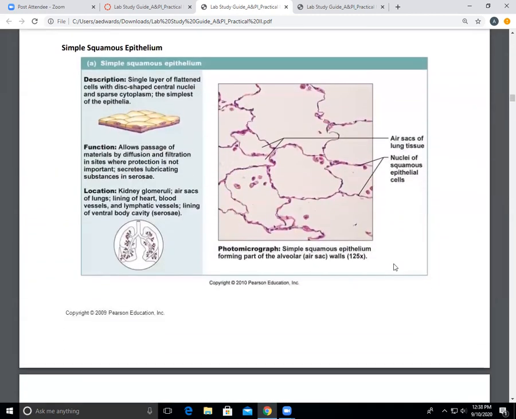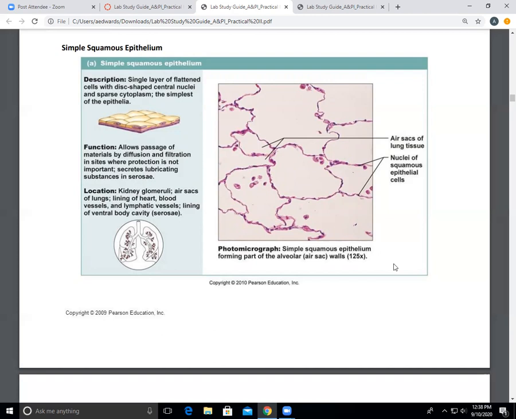For simple squamous, here's a view of some simple squamous cells. Got some of these in the respiratory tract, the alveolar air sac walls. Very irregular shapes, and one layer.